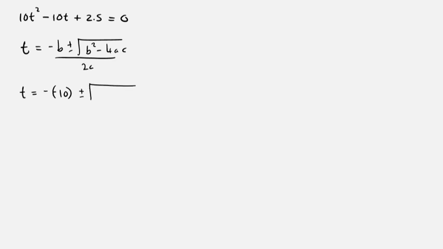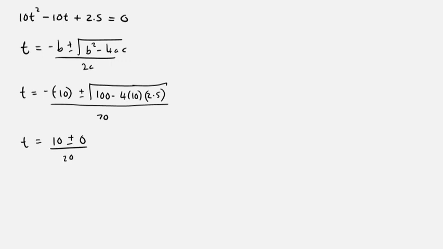So that will be 10, plus or minus the square root of 10 squared, 100, minus 4 times a, which is 10, that is 40, times c, 2.5, all over 2a, of which a is 10. So t is equal to 10 plus or minus the square root of 100 minus 100, which is 0, all over 20. So t is equal to 10 over 20. So time is half an hour.